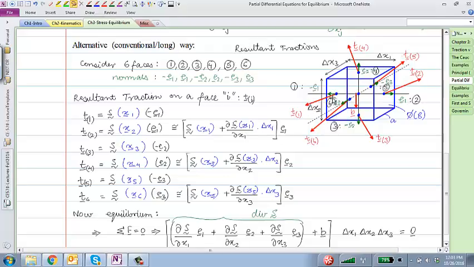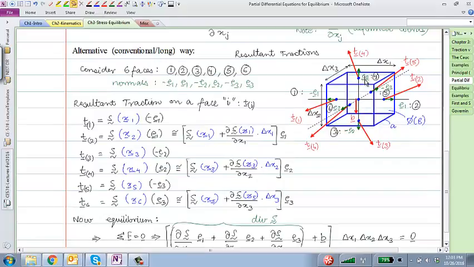So these traction vectors I know are obtained from stress tensor acting on that normal. So this T1 is just saying that the traction vector on face 1 is obtained by stress tensor acting on the normal minus e1. Similarly, T2, stress tensor acting on the normal plus e1. Now, what we'll do is again write equilibrium equation.